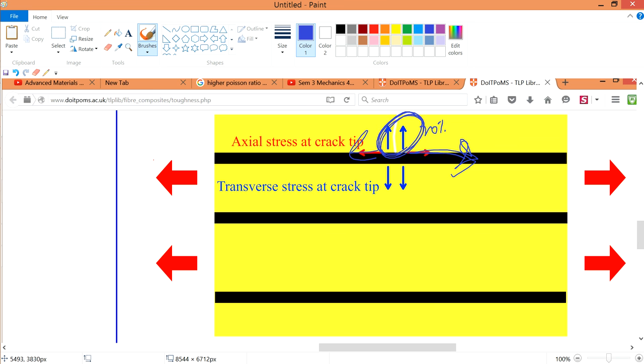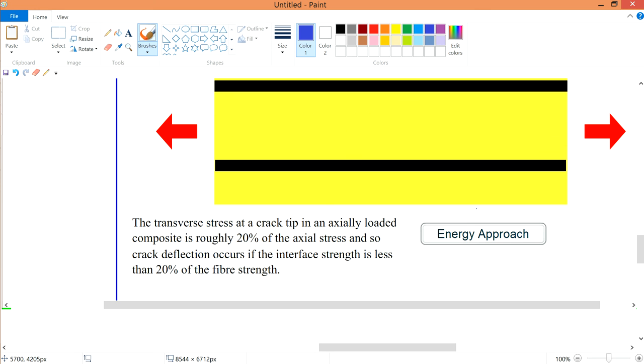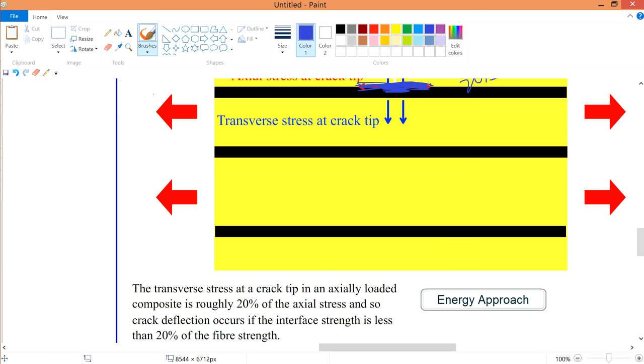The crack will initiate and start to propagate if the strength of the bond between the fiber and the matrix, somewhere over here, is less than 20% of the fiber strength.